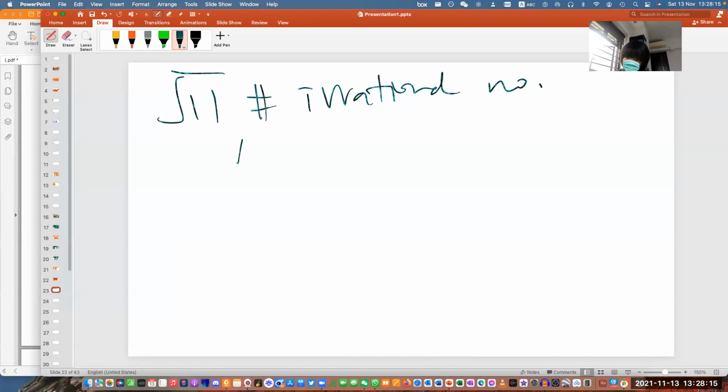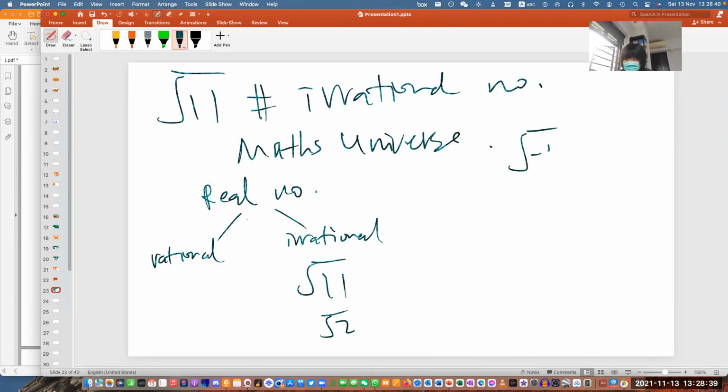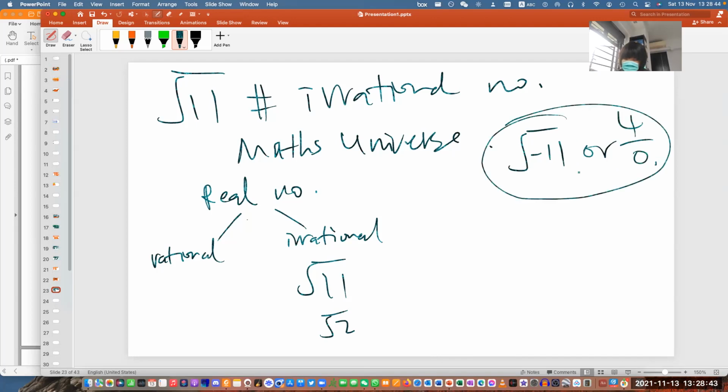If you look at the maths universe, what we talked about last time is we have real numbers, and inside the real numbers we have both rational and irrational numbers. So irrational numbers are square root 11, square root 2. In fact, just now you had the square root negative 11 or probably 4 over 0. All these fall outside the real numbers.